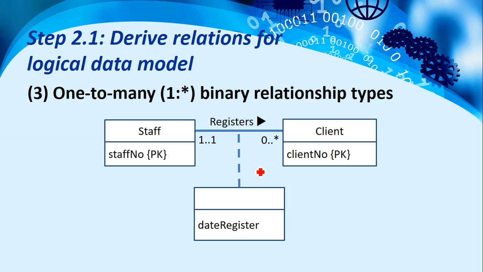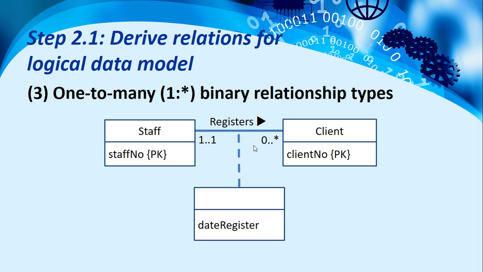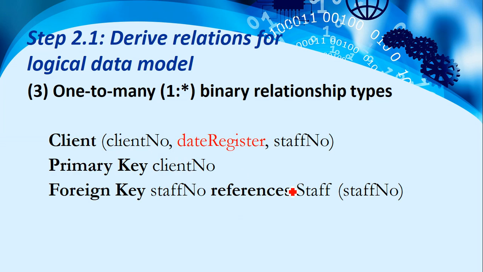And since our child entity is the client, we put the date registered here in the client. We added the additional attribute date registered, and this date registered came from the relationship attribute. Okay.